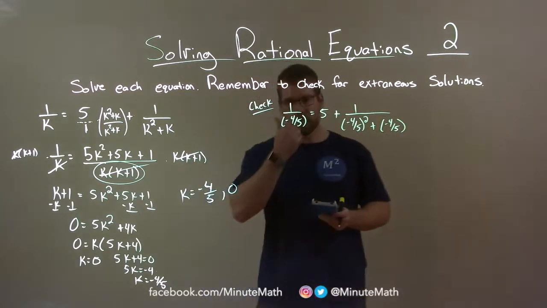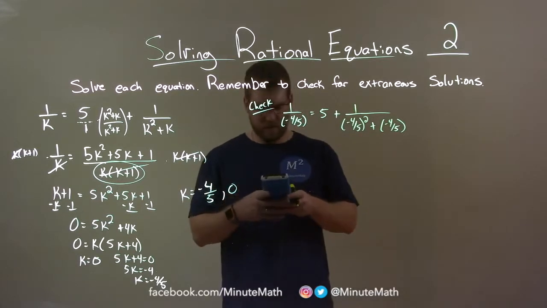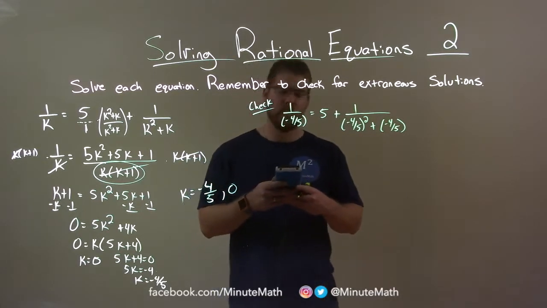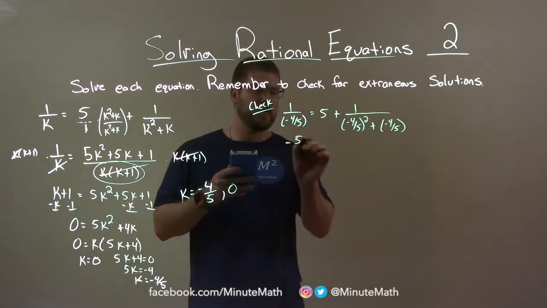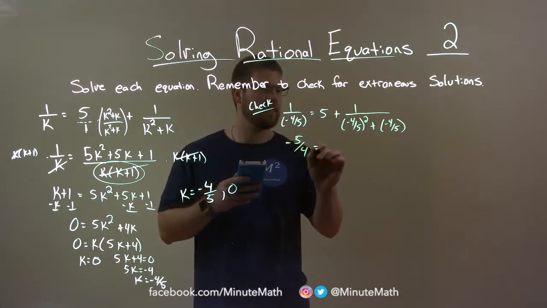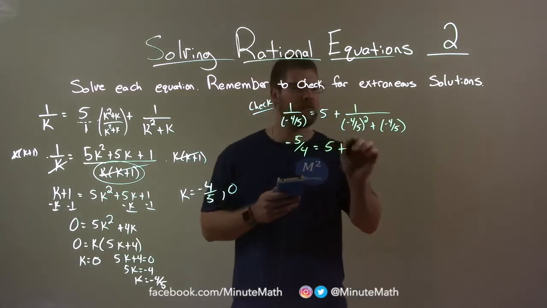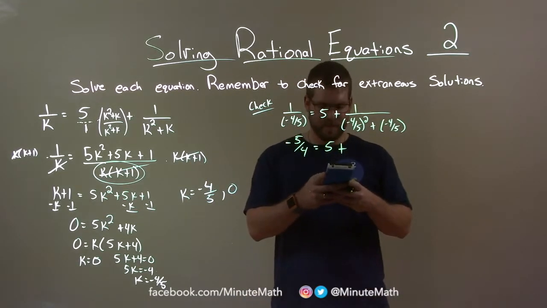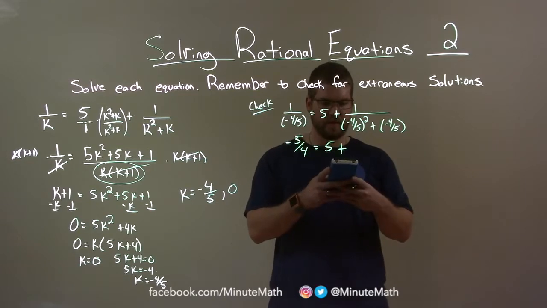Okay? So, left-hand side, 1 divided by negative 4/5 is negative 5/4.